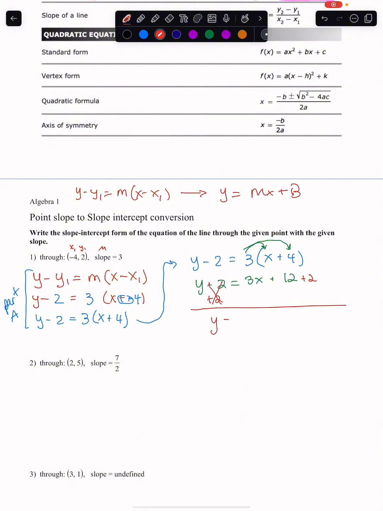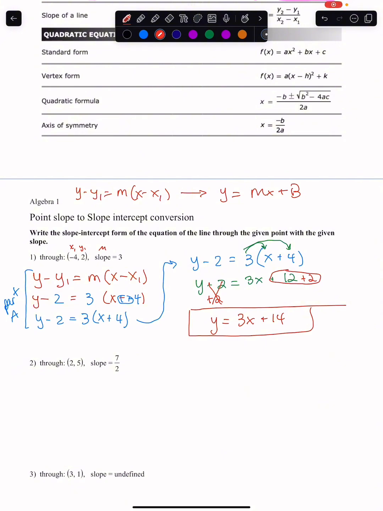So you get y equals 3x, and then positive 12 plus 2 is 14. That is the slope-intercept form of this equation. And if you were to put this into Desmos, you'll see that it'll go through negative 4, 2.